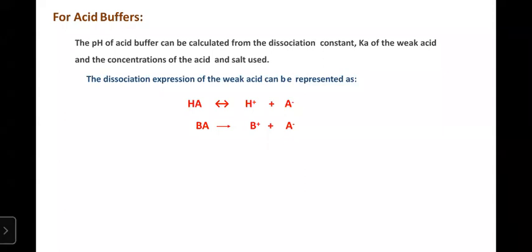Now tell me, what about the equilibrium concentration of these two? What are the ions present at equilibrium?